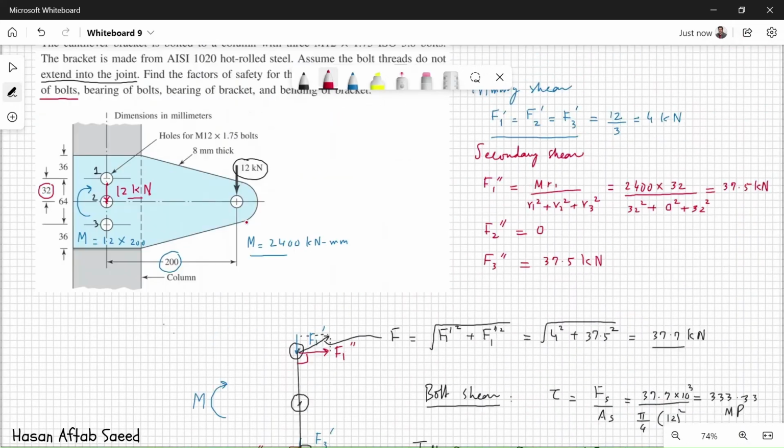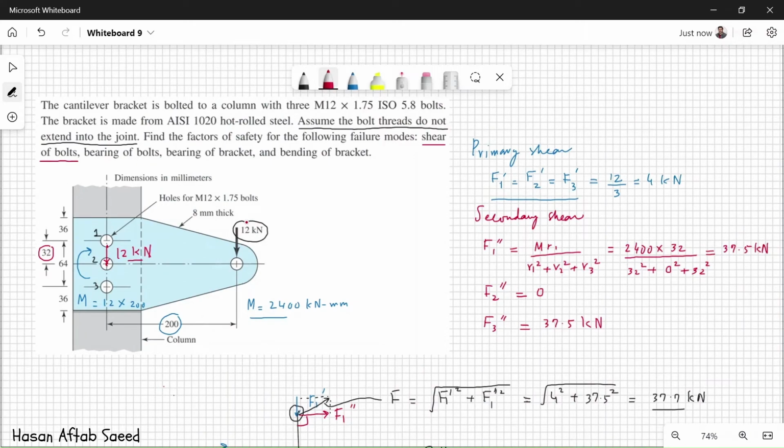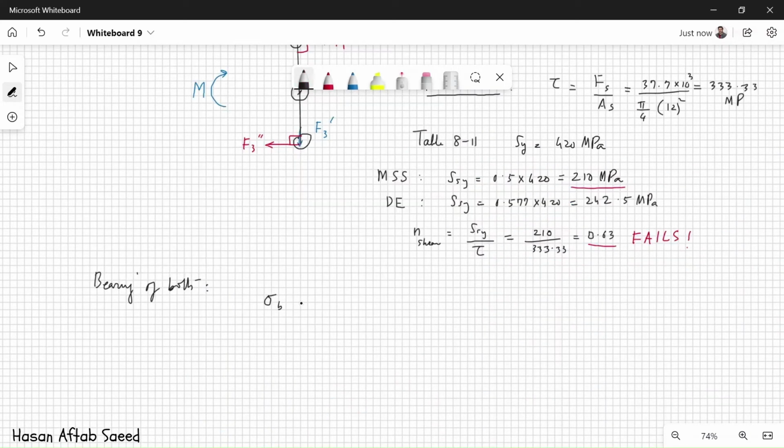Now we come to the second part, which is the bearing of bolts. Bearing stress will be force, which is, in this case, we know it is 37.7, divided by the bearing area. Now the bearing area is simply the projected area, which means it is T into D. T is the thickness of the plate, and D is the nominal diameter of the bolt.